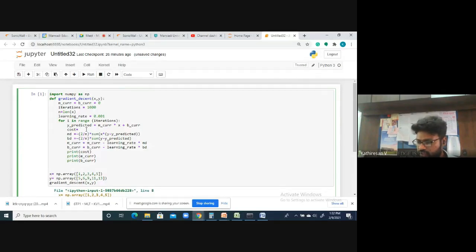So for that, cost equal to 1 by n into sum of the squares of y minus y predicted, for value in y.